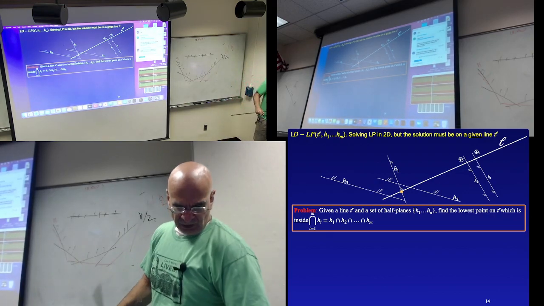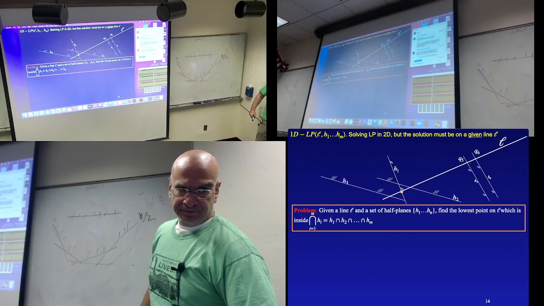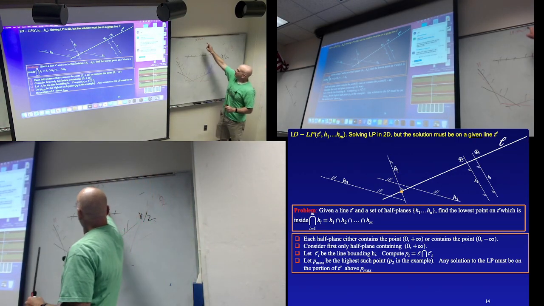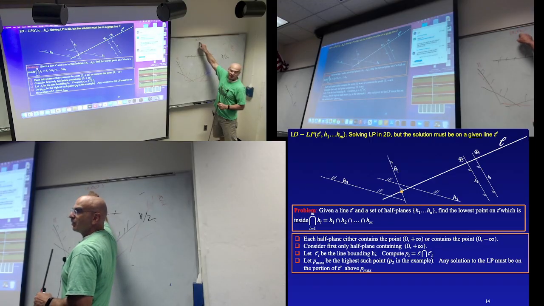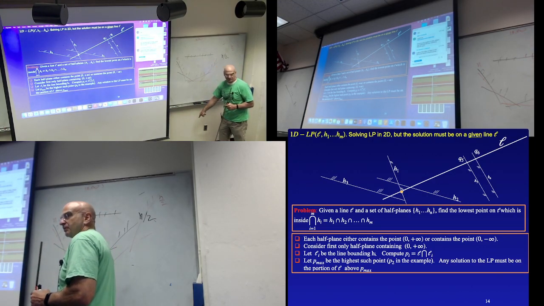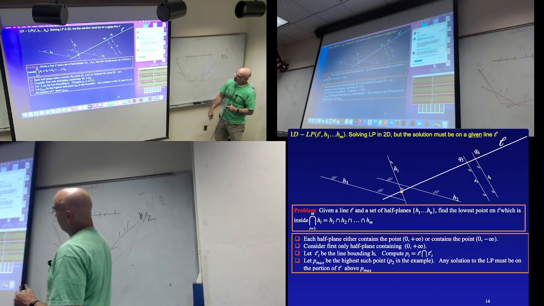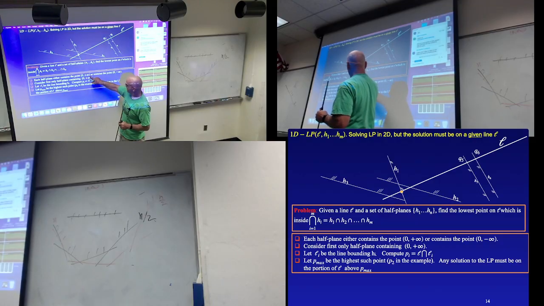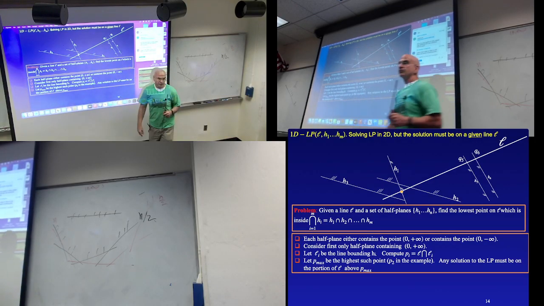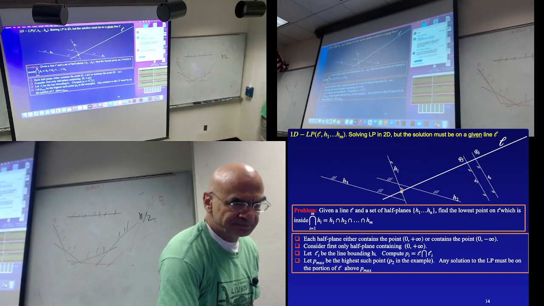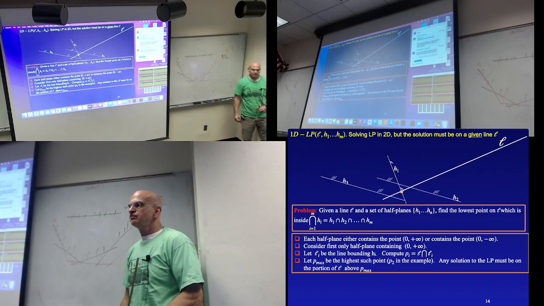Okay, so let's see how we are doing it. Some half planes contain the uppermost point, and some half planes contain the opposite point at the bottom, minus infinity. I will focus on the ones that contain the uppermost point, and we'll get rid of the ones that contain the lowermost point, for the time being.